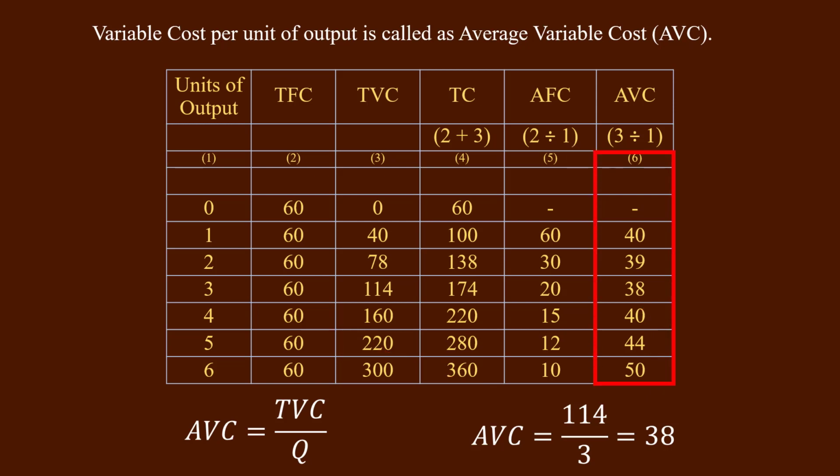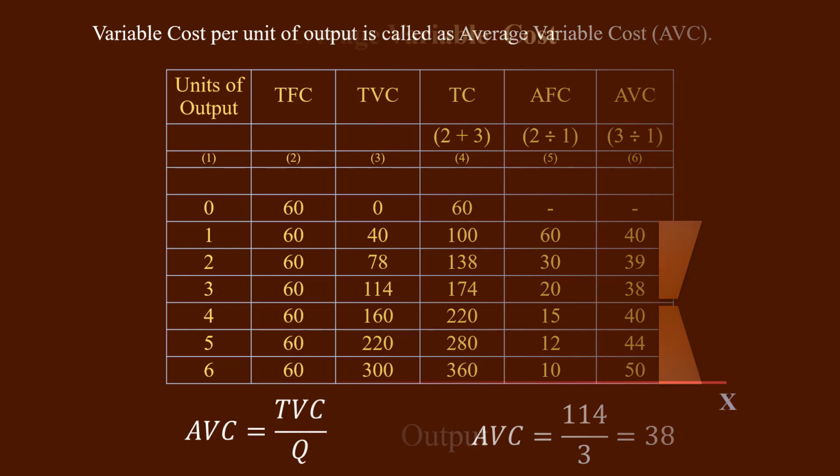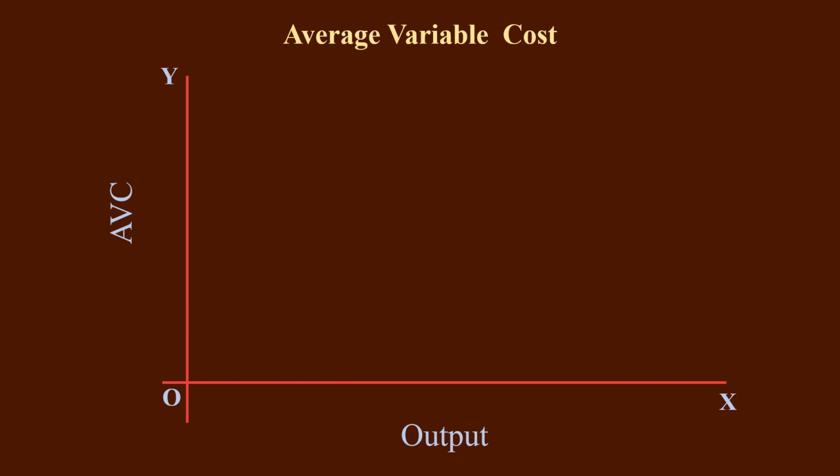Other values are calculated using this formula. Examine the values of average variable cost. It decreases and reaches minimum when 3 units are produced. After that, it increases. Keep this in your mind when translating average variable cost into a graph.